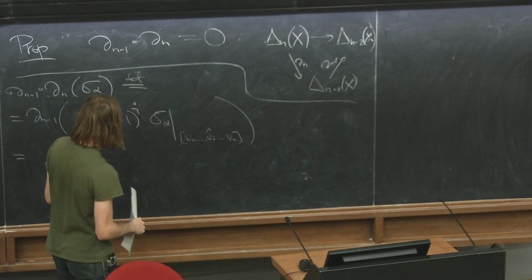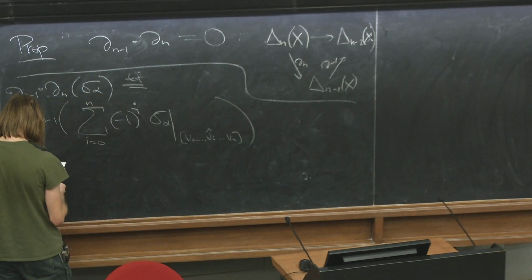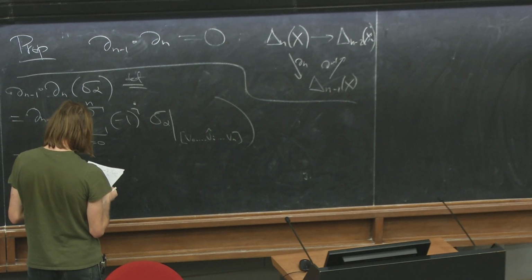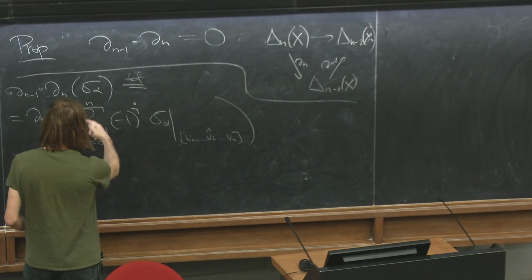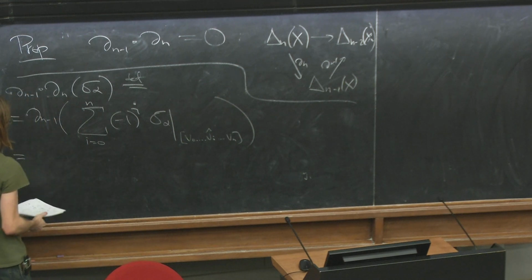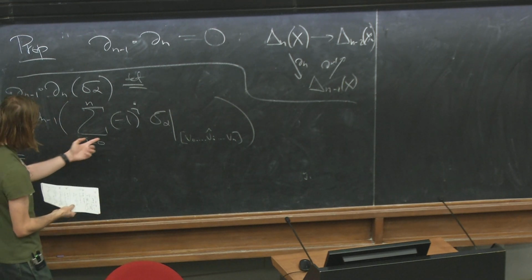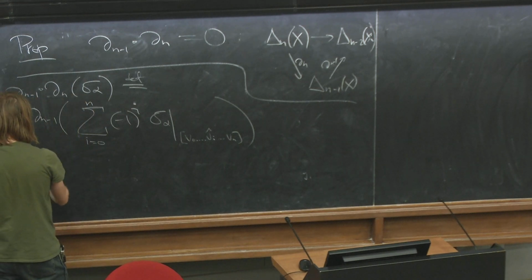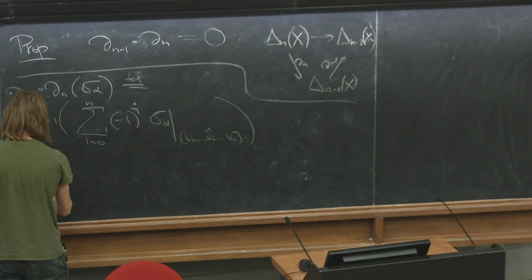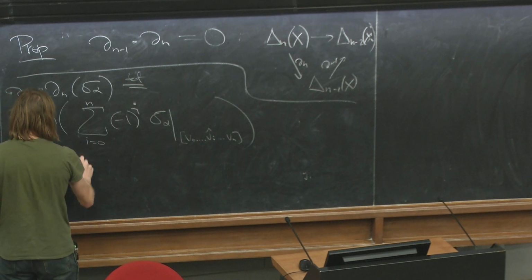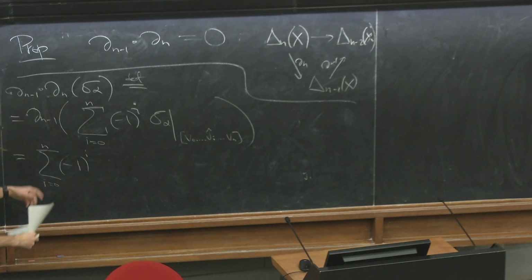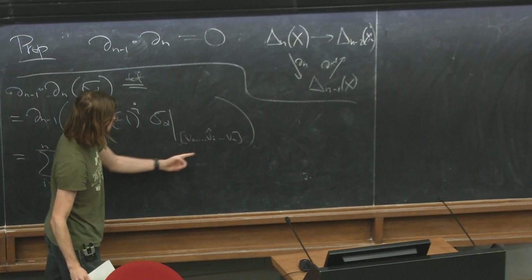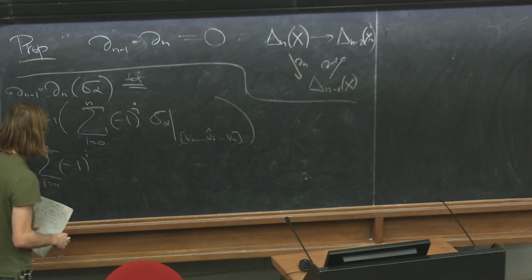So we can write it like this. Of course, these are homomorphisms on abelian groups, so we can use linearity and take the sum over i outside. And then we will act by d_{n-1} on this σ_α restricted to this face.